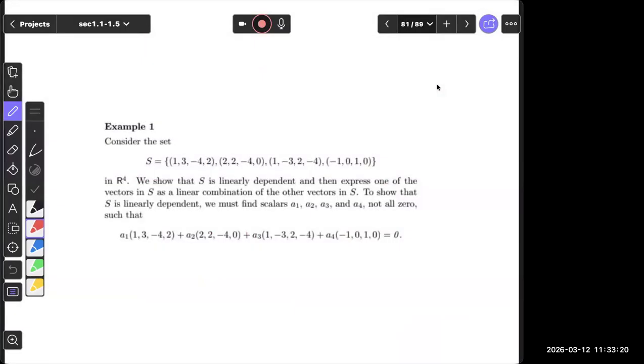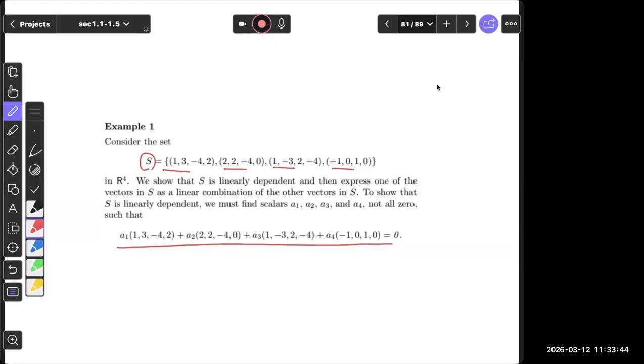So given this set S with these four vectors in R4, in order to check whether S is linearly dependent or independent, you first set up this equation.